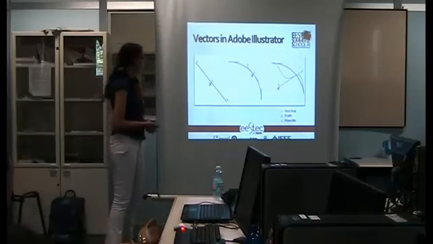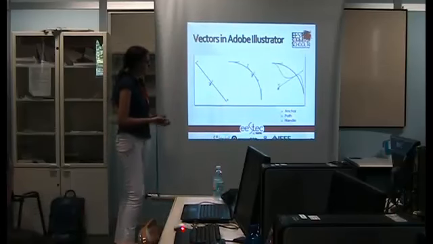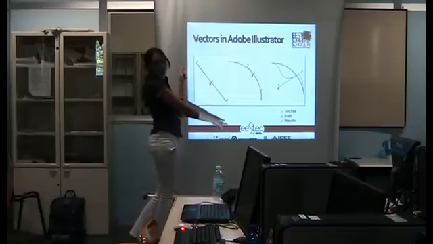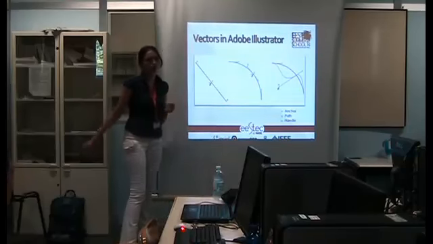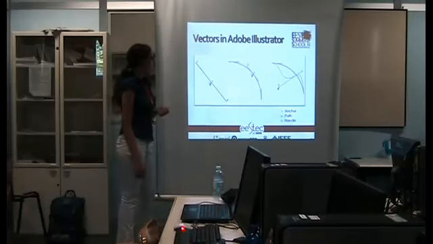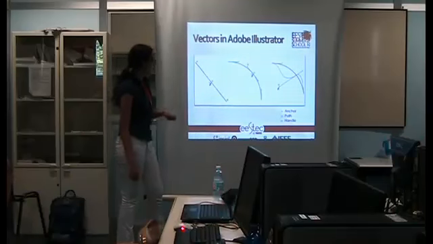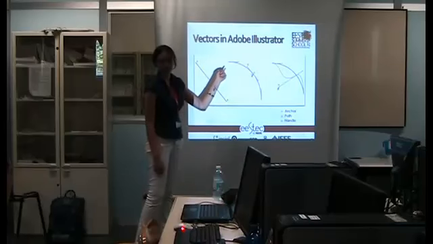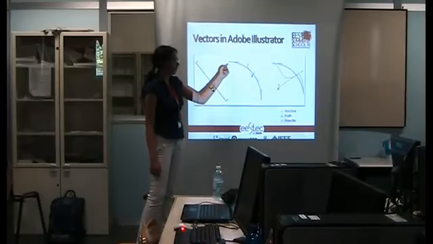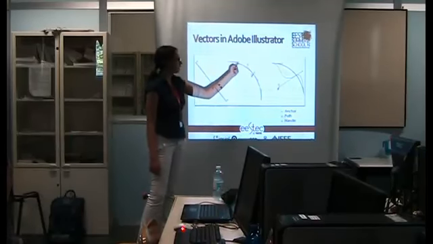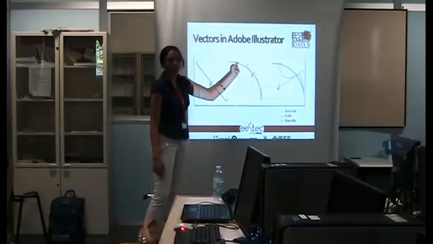So we are going to call them anchors. And between the two anchors, we have a path. So the line between the two anchors is a path. And each path is calculated so it fits the vector.